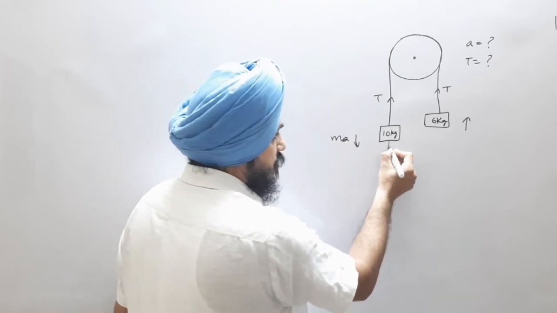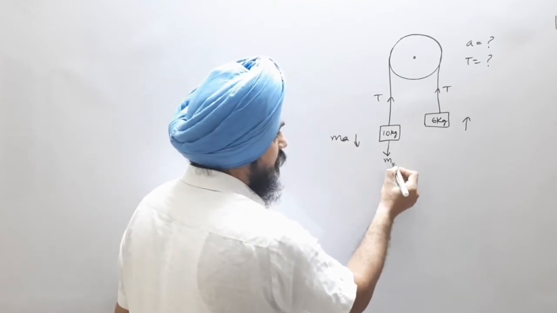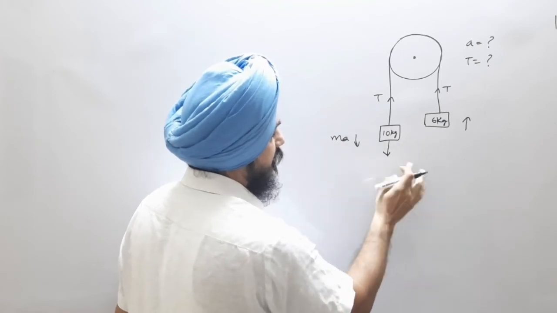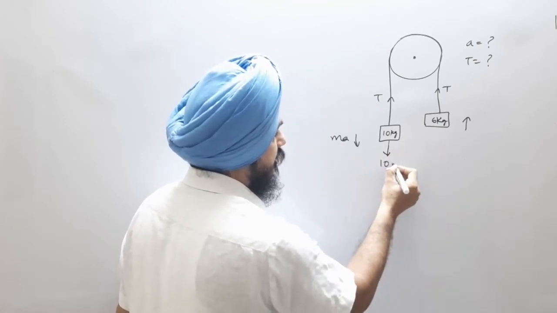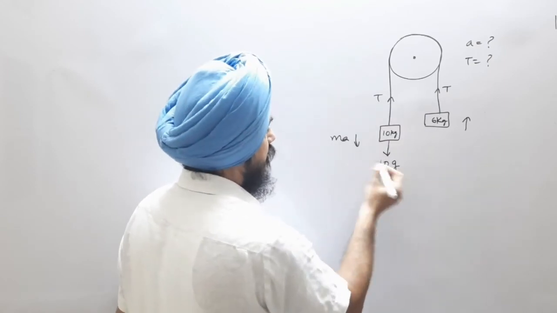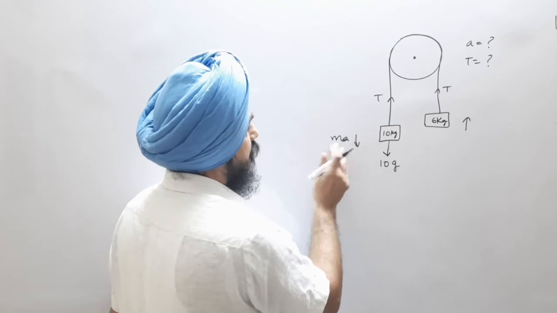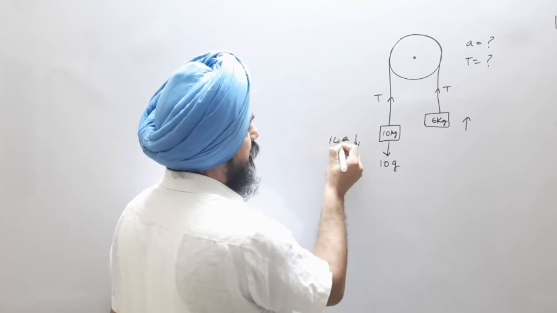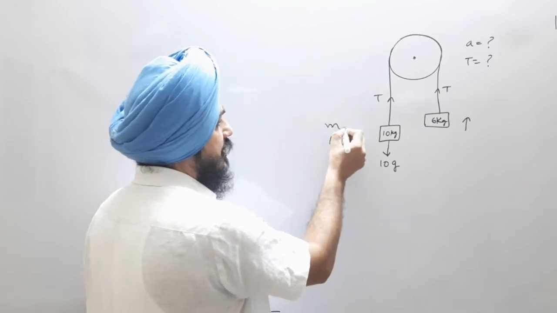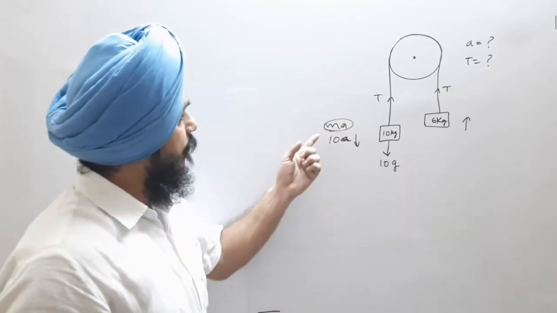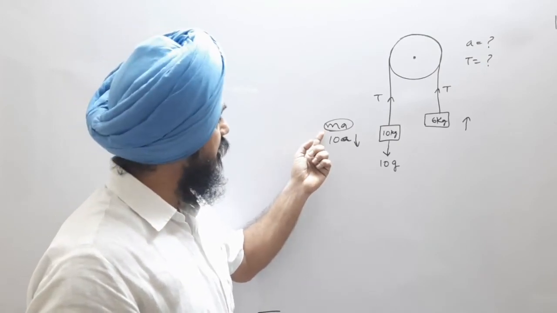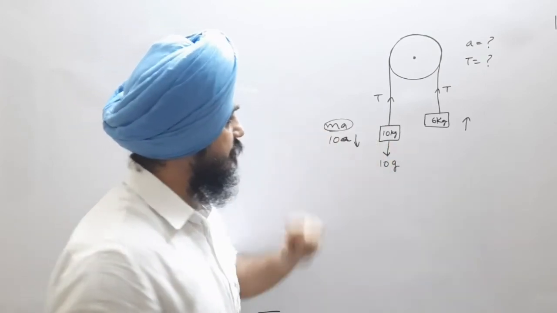Why? Because its weight, suppose this is m2, or you can directly write the values, 10 times g is greater than the tension, so that gives 10 times a, that is, ma. According to Newton's second law of motion, this is the external force given to this mass.